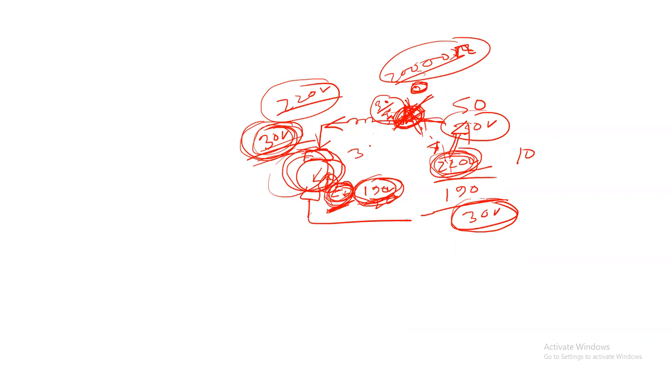Then 30 volts is needed by the motor and 190 volts by the developed power. So this is the back EMF voltage. Clear? In the motor section, in this case, the starter must be used.